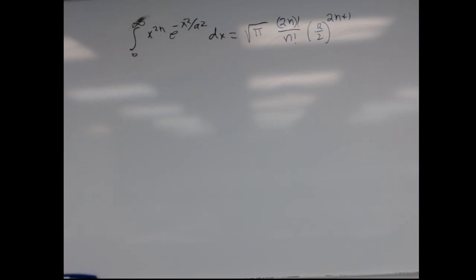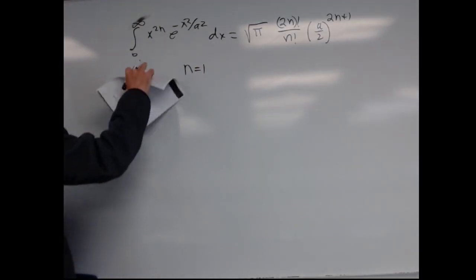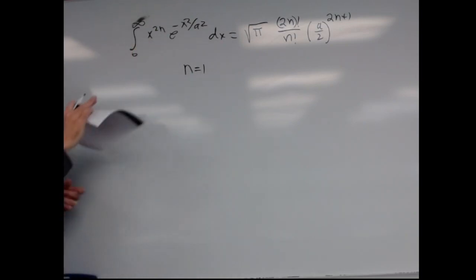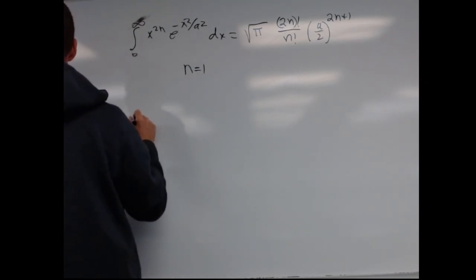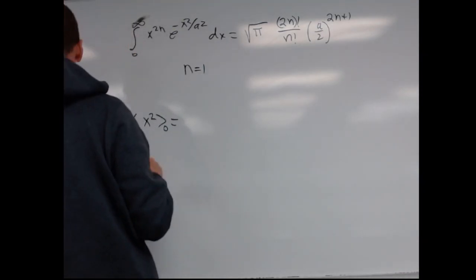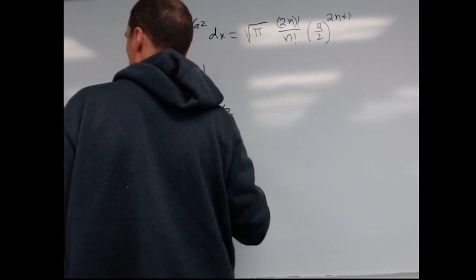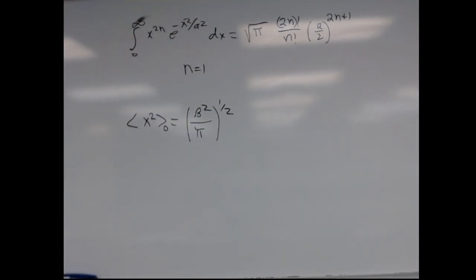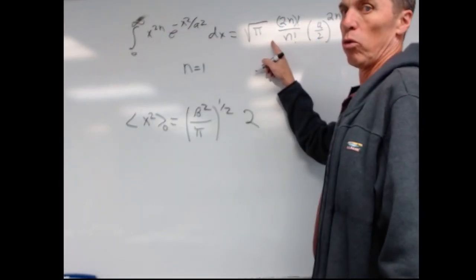And so we have n equals 1 in this, because the power of x tells me what my n is. 2 times 1 is 2. So my x squared 0 is equal to beta squared over pi to the 1/2, times this integral. That one is from 0 to infinity, but it's symmetric, so I'm just going to double it. So I'm going to say it's 2 times this evaluated at n equals 1.